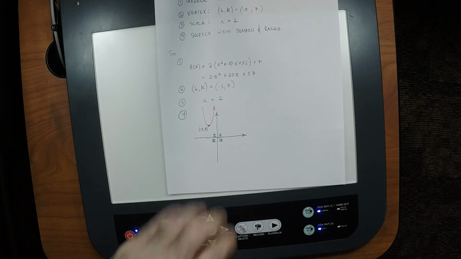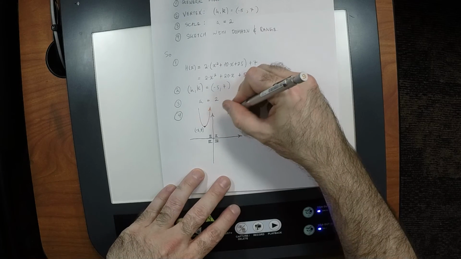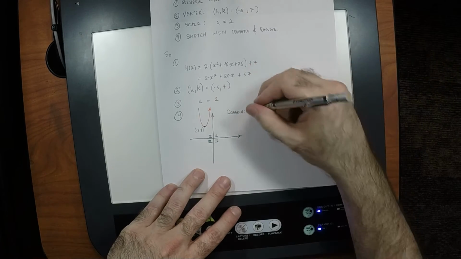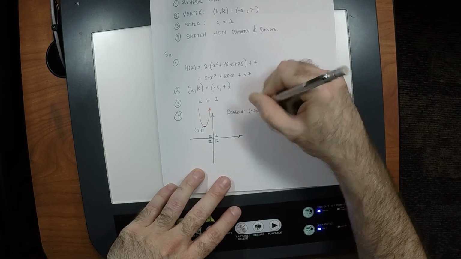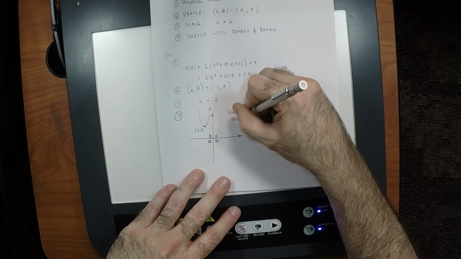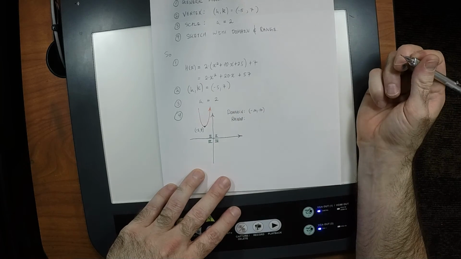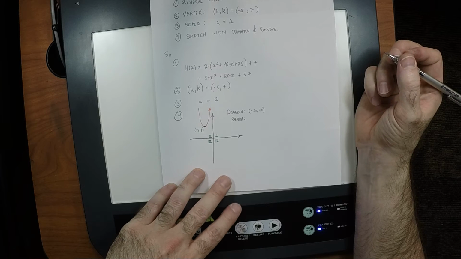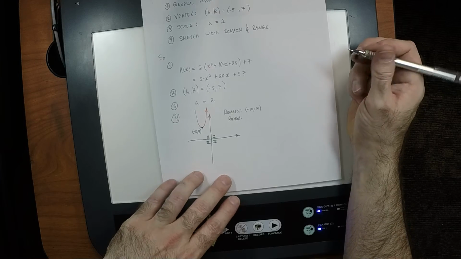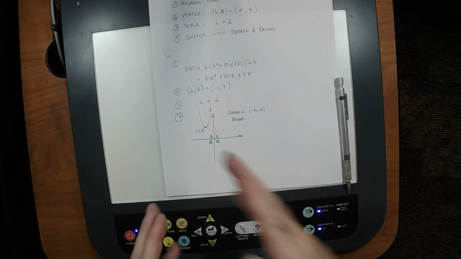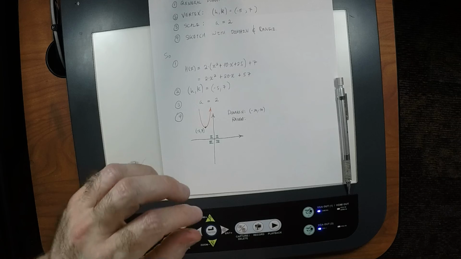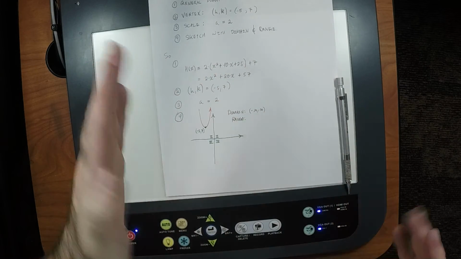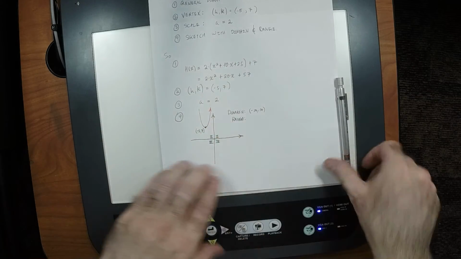And then it said include the domain and range. So what's the domain? All reals. And what's the range? Not quite. So remember, domain is what x values can we get, and range is what y values can we get. So including 7.